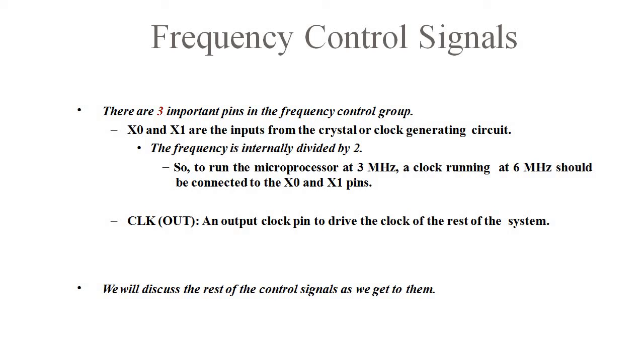So to run the microprocessor at 3 MHz, a clock running at 6 MHz should be connected to the X0 and X1 pins. CLK out is an output clock pin to drive the clock of the rest of the system.